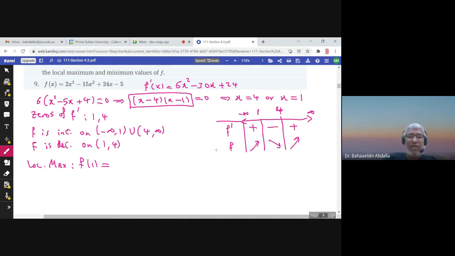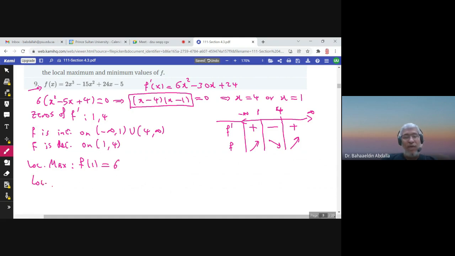So f of 1 is a local maximum, and I can find f of 1 from here. f of 1 is 2 minus 15 plus 24 minus 5, and it is 6. So 6 is the local maximum, or f of 1.